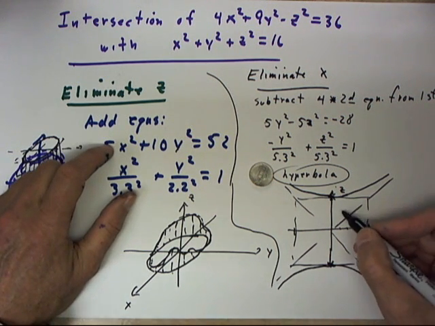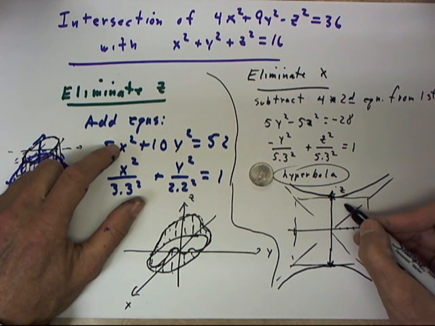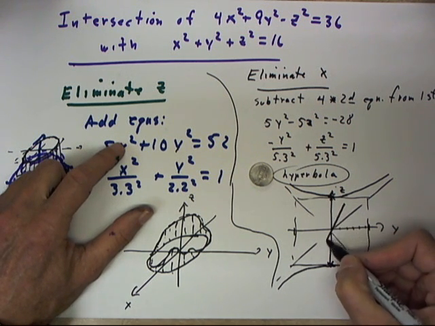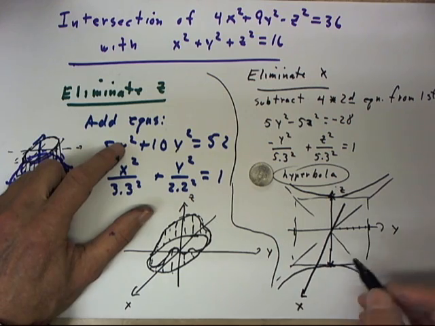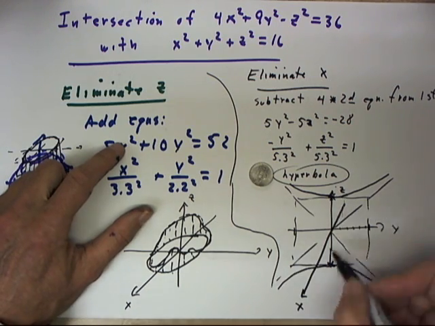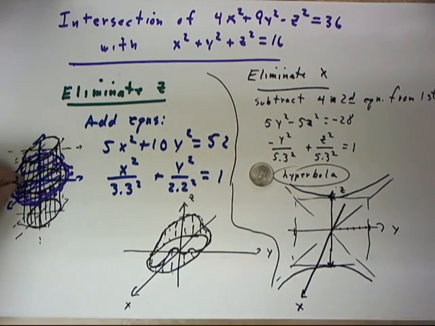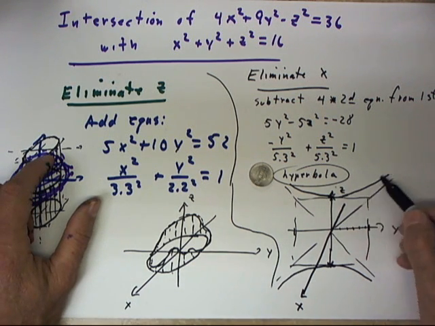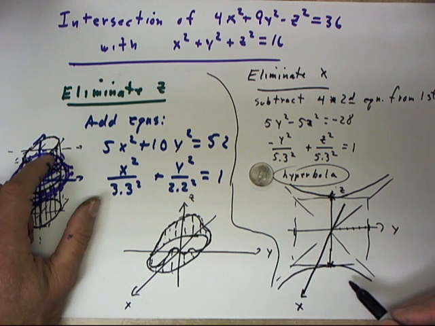This line might look like an x-axis, so let me put that idea to rest by drawing my x-axis in this direction. So I've got x, y, z. We're looking at this from a little different perspective than we did over here. But these hyperbolas are in the yz plane.